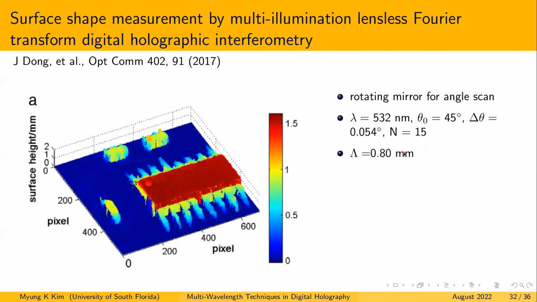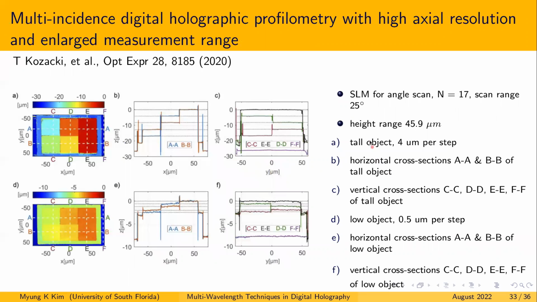And similar methods have been used more recently, one by Dong et al. using rotating mirror for n equals to 15 steps to achieve 0.8 millimeter range. And here they have used an SLM for angle scan with n equals to 17 to achieve 46 micron range.